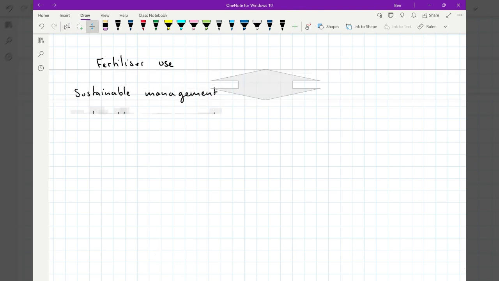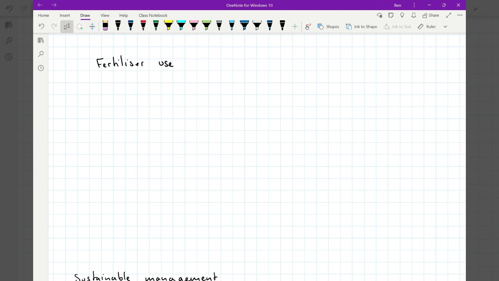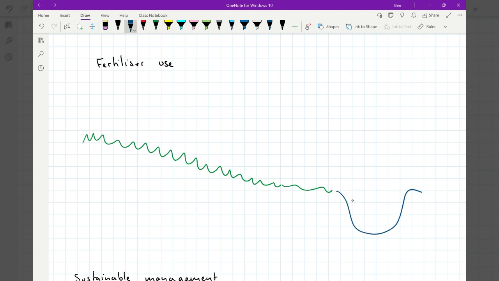Fertilizer use. So if we have Farmer Giles or Farmer Gillian or whoever it is happily adding phosphates to their fields so they can increase the yields of their crops to make a profit and feed our growing population.